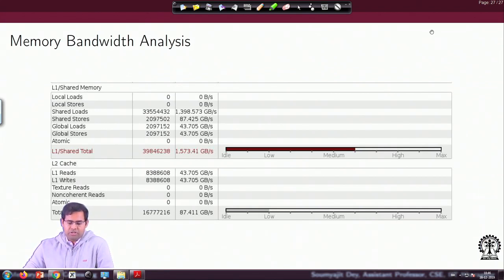But consider the situation when I am doing the shared memory load in our case. I am loading the data from a column in the matrix, and the tile size is 32 cross 32. So, essentially the column will get what we call a 32-way conflict, because the entire column is located in one bank. Then the question comes of how much overall number of loads should happen.